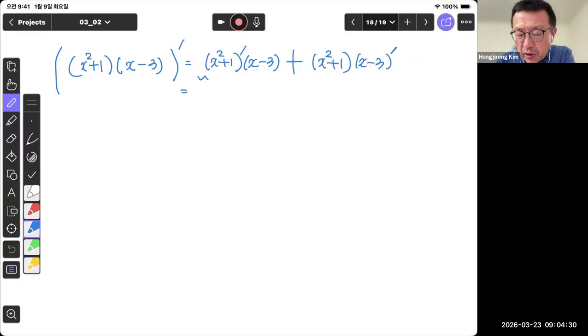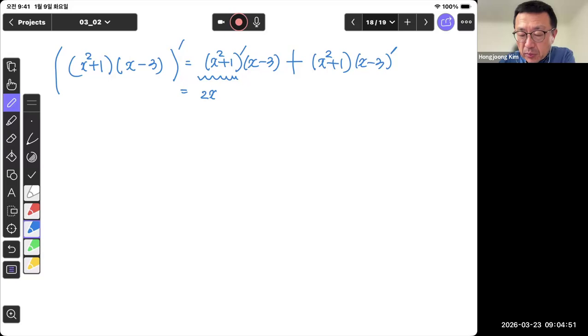So if I differentiate the x squared plus 1, okay, then you first differentiate x squared and then you differentiate 1. When you differentiate x squared, you get 2x. When you differentiate 1, you get 0. So the derivative of x squared plus 1 is 2x.